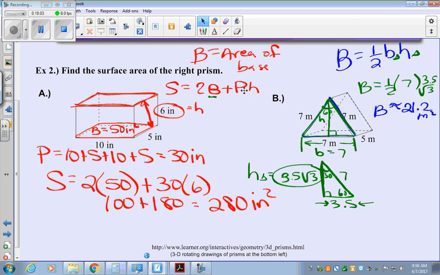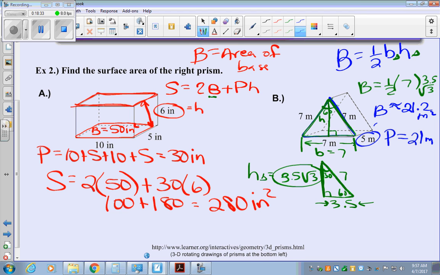The next piece of information we need is the perimeter of the base. What's the perimeter of our triangle? It is 21. Beautiful. And then now we need the height between those bases, which is what? Grant? 5. Yeah, it's 5.